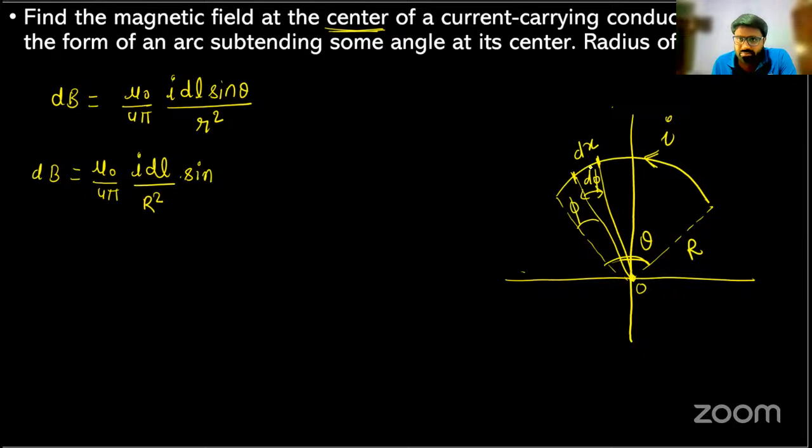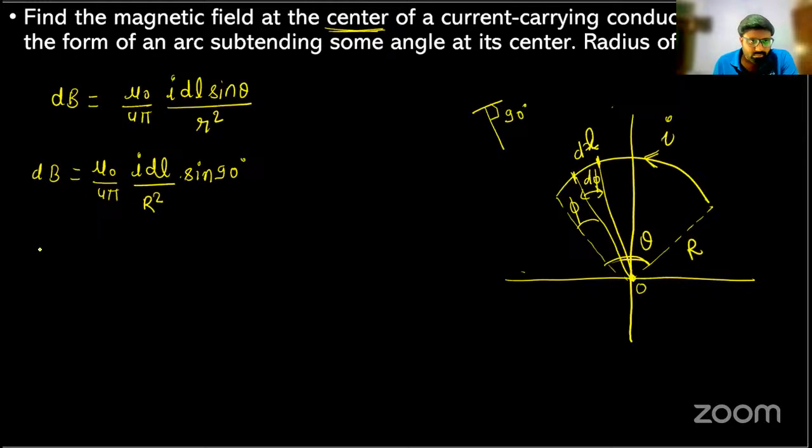Theta is the angle between the current element, which is dx, and the position vector at this point. So the position vector is this r, the dx element is this. So the angle between them is 90 degrees. So it will become sin 90, and in place of dx, we would take dl. So this will simplify here.